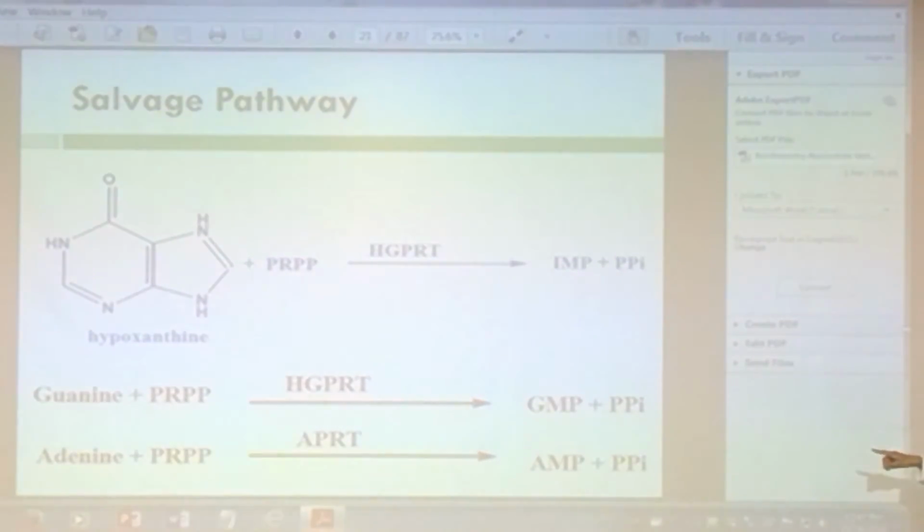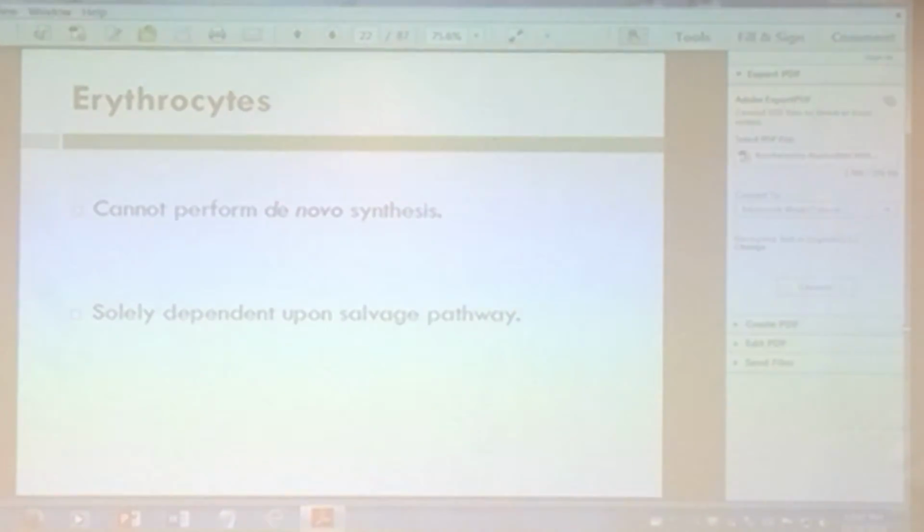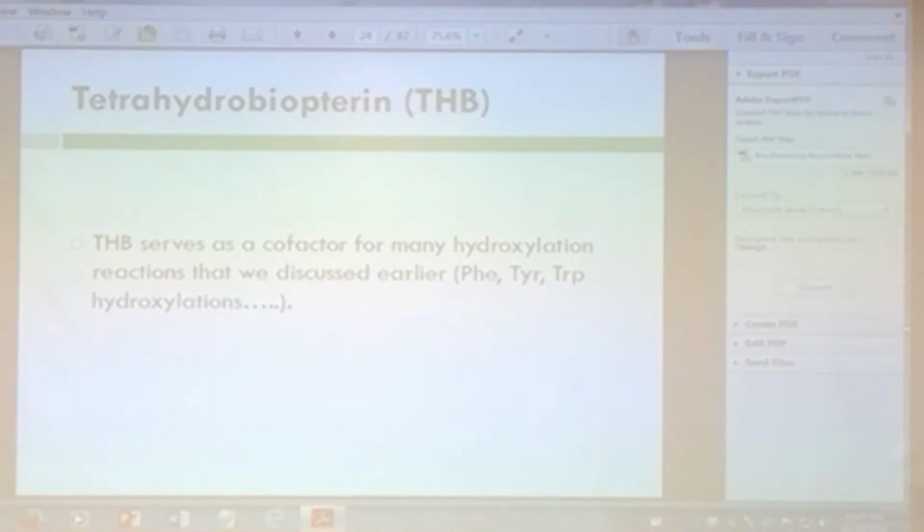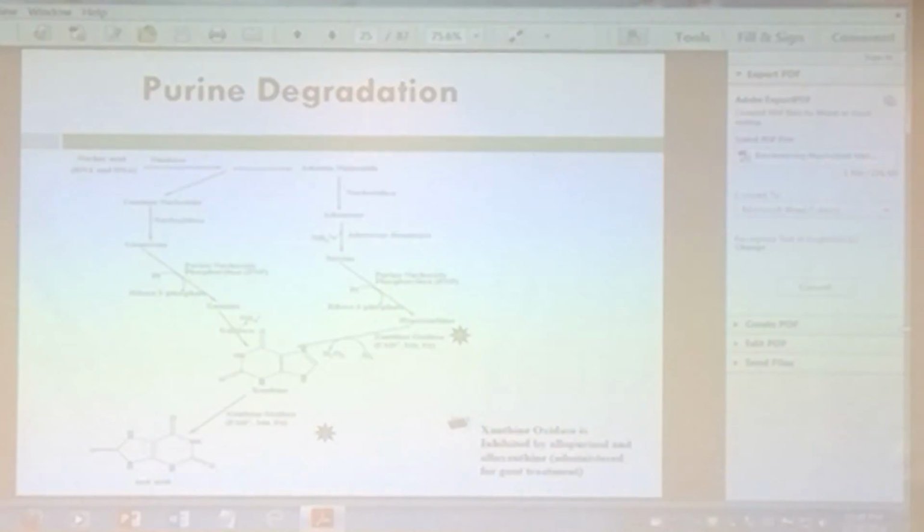Once again, you can take hypoxanthine, convert that into IMP, guanine to GMP. Both are catalyzed by HGPRT. Adenine goes to AMP, that's the APRT. So erythrocytes cannot perform de novo synthesis, so they depend on the salvage pathway. Tetrahydrobiopterin comes from GTP, BH4 is used for a lot of these hydroxylases, like phenylalanine hydroxylase, tyrosine hydroxylase.